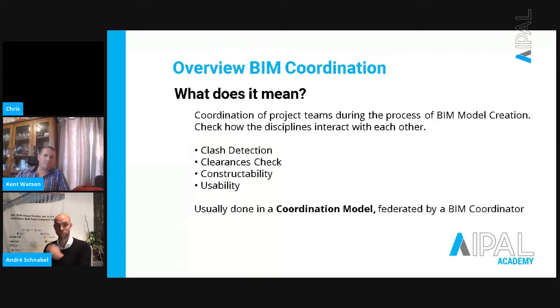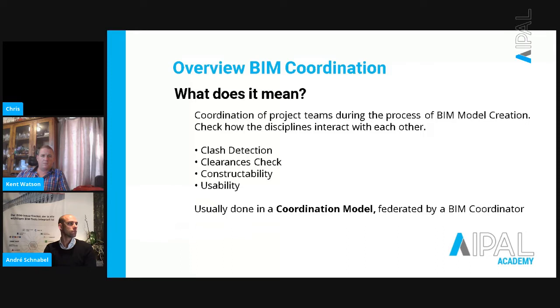I personally think that there is some more stuff that we should check during the BIM coordination. I think also clearances is something that we should keep an eye on. We have the other points here as well, like if something is constructible, so if I can, for example, put in a bolt or pull out a bolt from a part, or is the building usable?